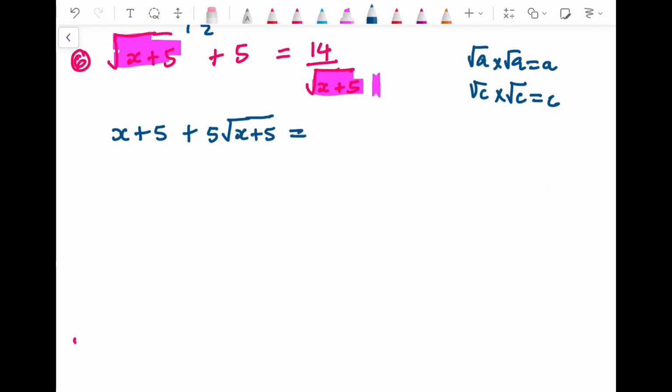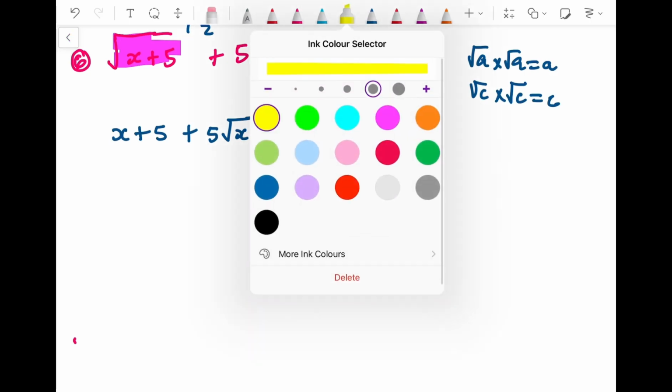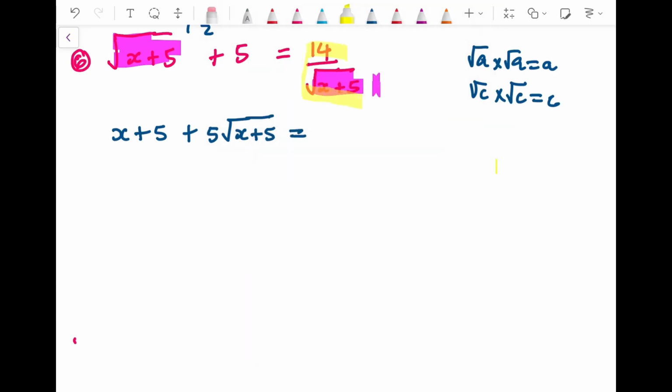This is equal to, and then if you multiply this term by square root of x plus 5, x plus 5 and x plus 5 will cancel, and then you will remain with 14. And then here again, we need to separate anything that is not under the square root, or anything that is not attached to a square root must be separated.